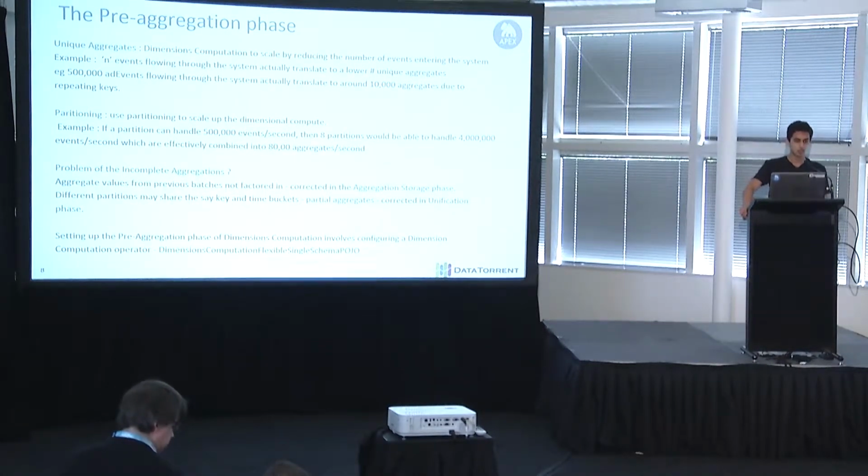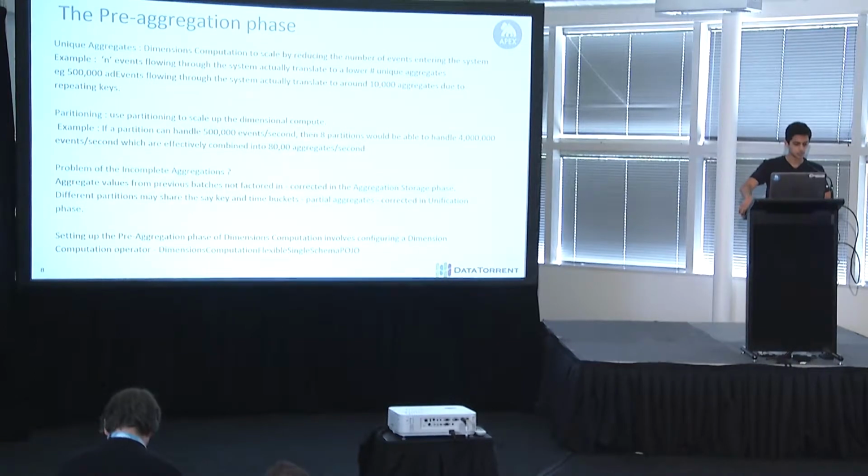To elaborate, if I have a time bucket of an hour and I receive 100,000 tuples for a single publisher, and I'm just doing a dimensional compute on publisher cross time, then essentially all those metric values are going to get rolled up into a single row. Then I get a huge cardinality reduction, and thereby my memory footprint goes significantly down.